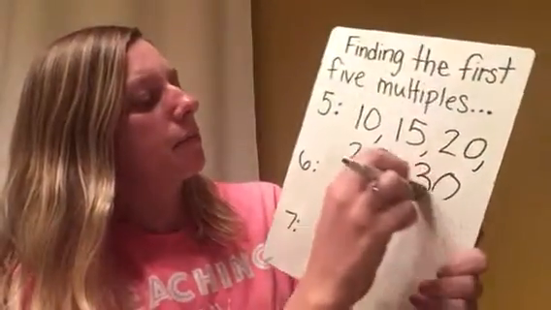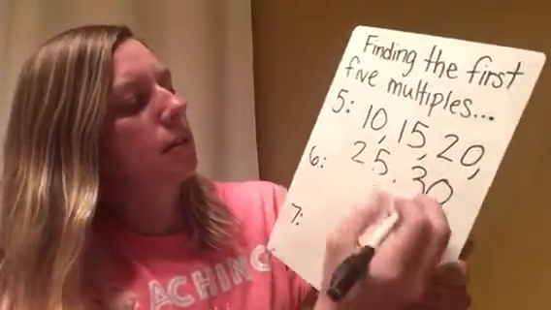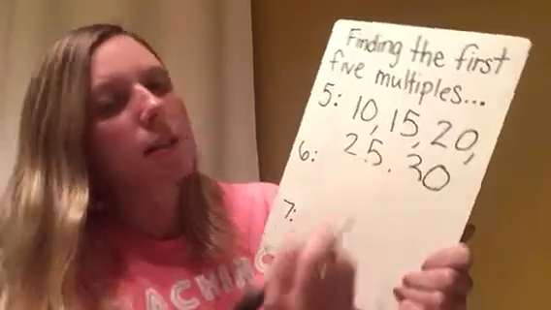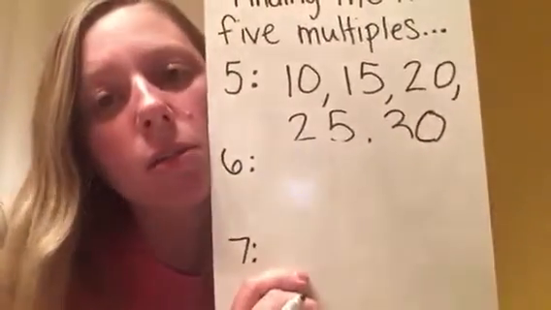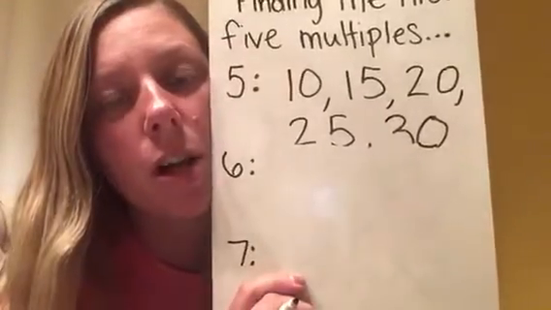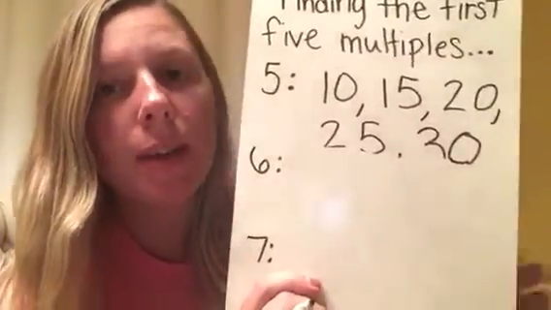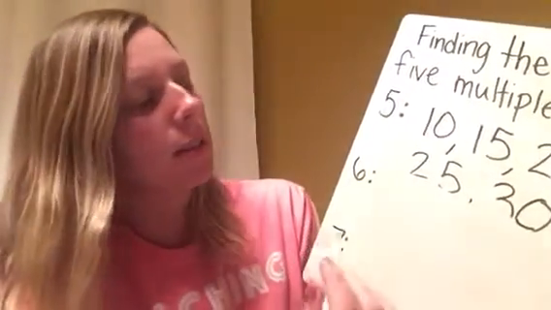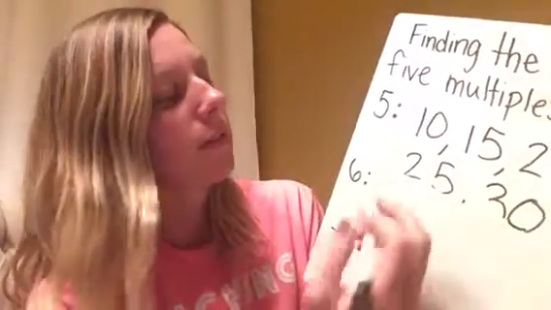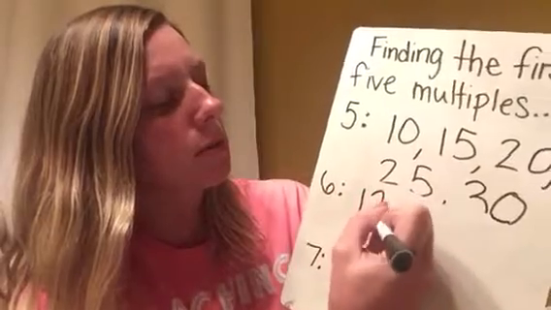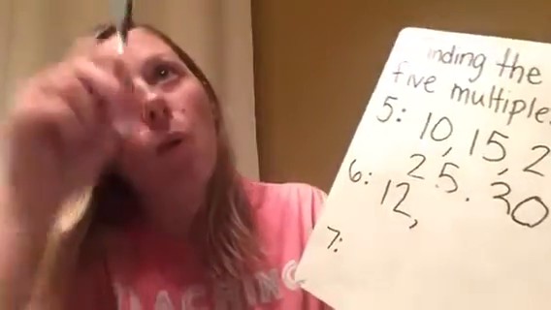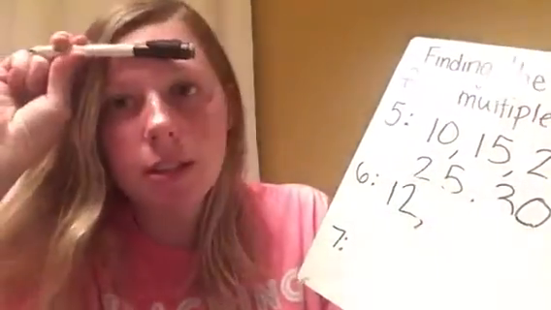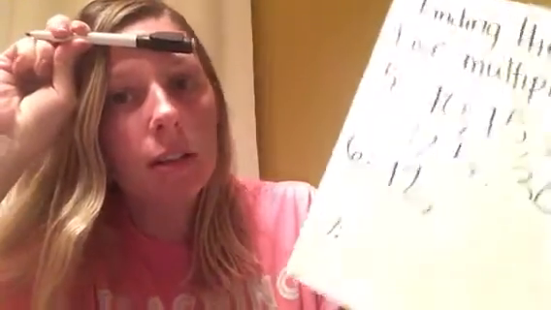Okay, next I'm going to do 6. 6 is a little harder to count by 6s, so you're going to have to think about your multiplication facts instead, maybe. So the first multiple of 6, the first number that 6 can go into evenly is 12. So there's our first multiple. And then you need to think about what is the next number that 6 can go into evenly.